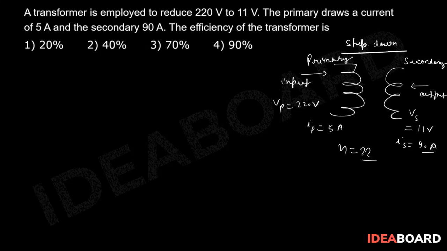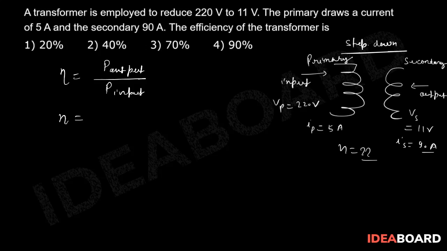As we know that efficiency eta will be equal to power output upon power input. This is the definition of efficiency in transformers. Now what is P output?